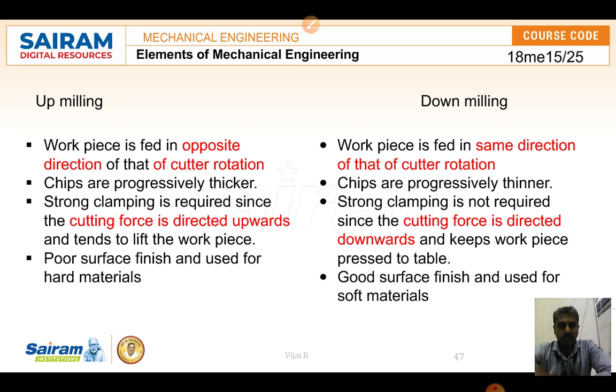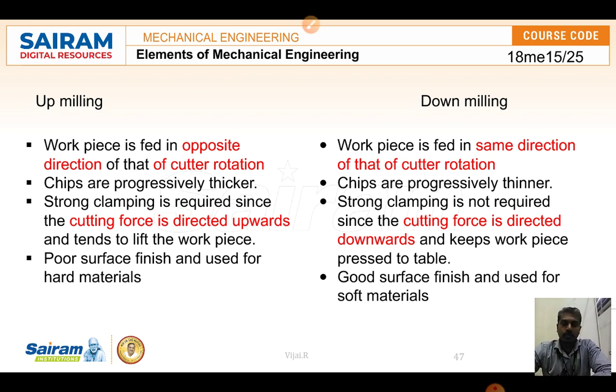In down milling, the cutting force is very low, since the cutter rotation and the movement of the workpiece are in the same direction. There is not much clamping force required, because the cutter itself pushes the workpiece downward.